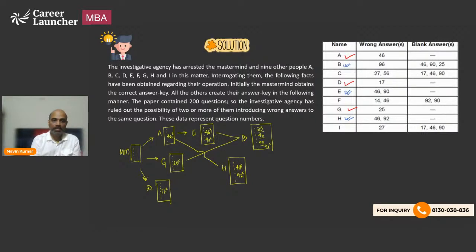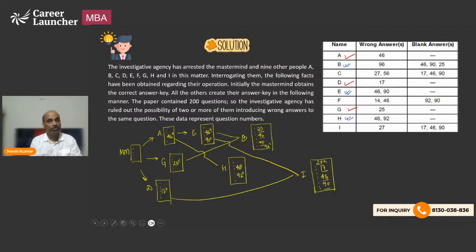So I must have definitely copied from E and D, since 46 and 90 are at E and 17 is at D. So somebody must have copied from E and D. So this person is going to be I. So what happens is that I copies all as such. 46 is not sure, 17 is not sure, so 17 is going to be blank, 46 is going to be blank, 90 is going to be blank. And then at question number 27, he makes a mistake of his own. So we are done with I as well.